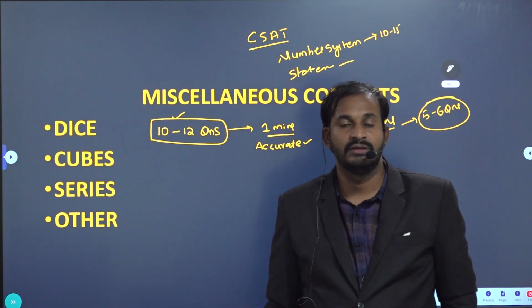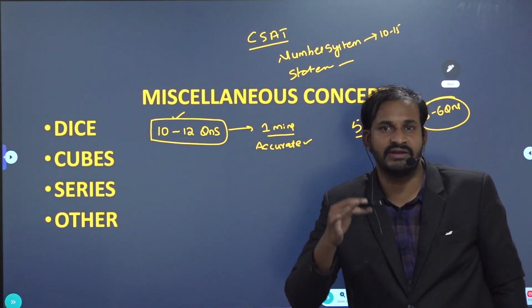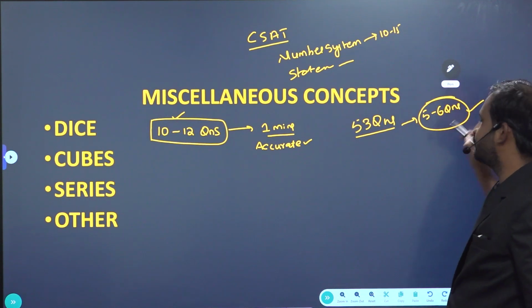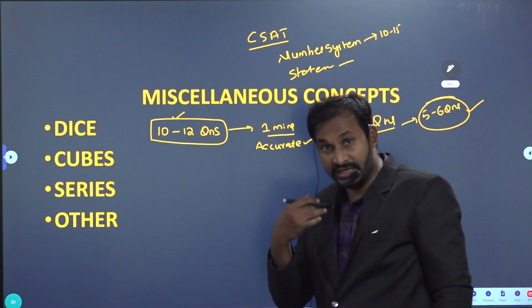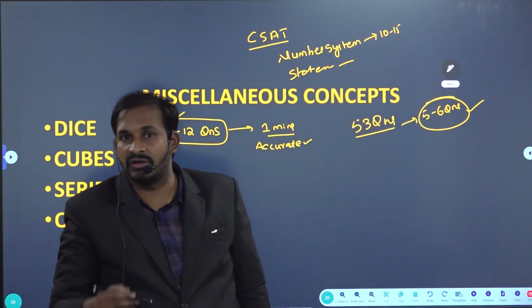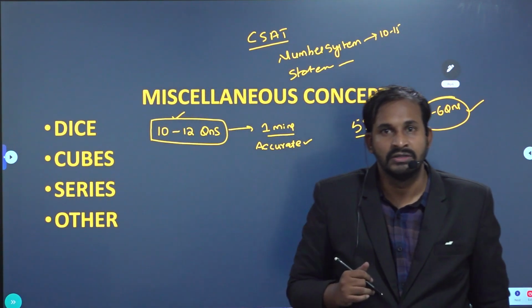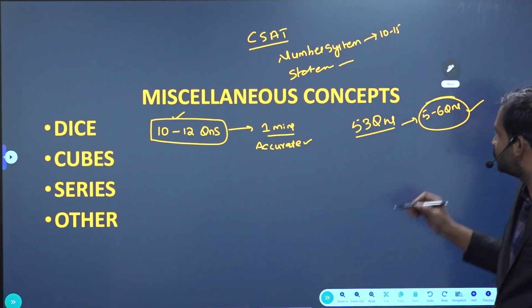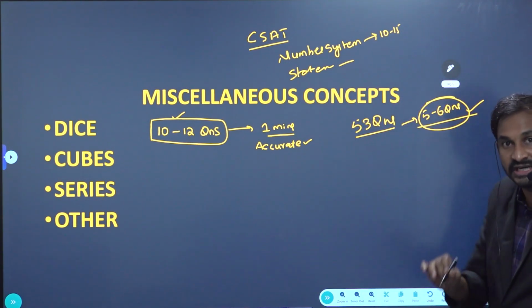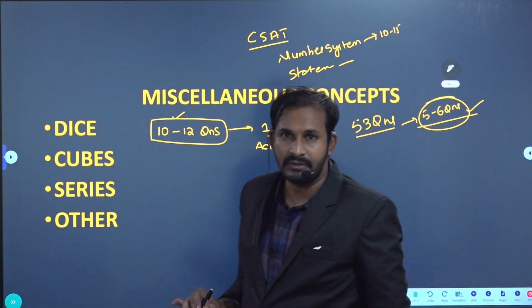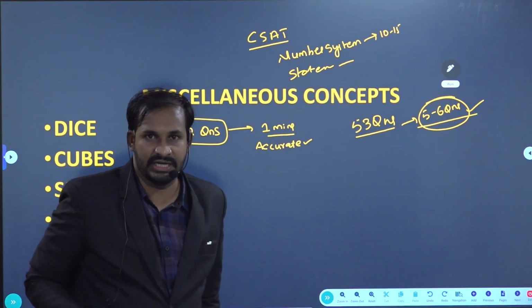We should be very careful never to touch those 5 to 6 questions. Even if I sit in the examination hall, I too will take 10 to 15 minutes for those questions. So we should be wise and not touch those 5 to 6 questions at any cost. Sir, then which questions should we attempt first?